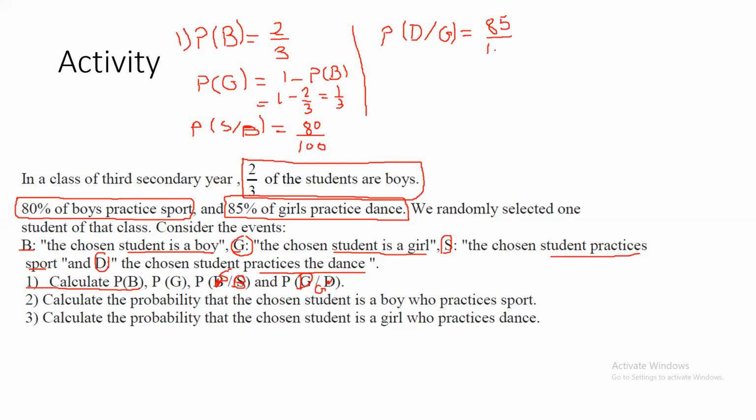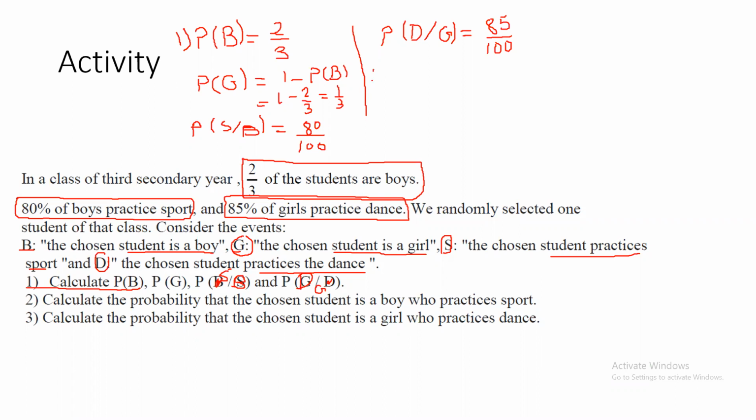Maybe somebody will ask how come here 80% of the boys practice sport. Knowing that he is a boy, the probability to practice sport is 80%.